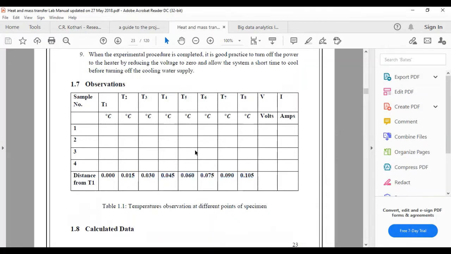This is our main table. We will use it to get all the readings, and then use these readings to calculate the thermal conductivity, the rate of heat flow, and all other values. Our next task is to learn how to perform the experiment on the apparatus.